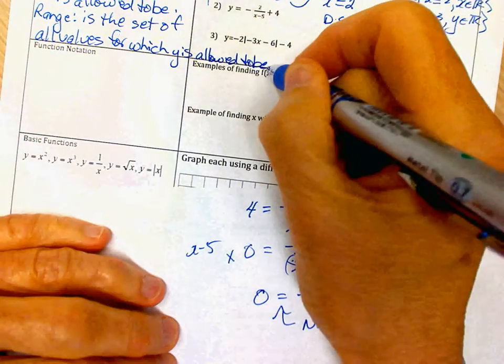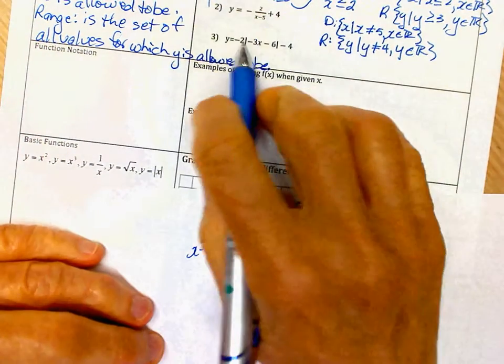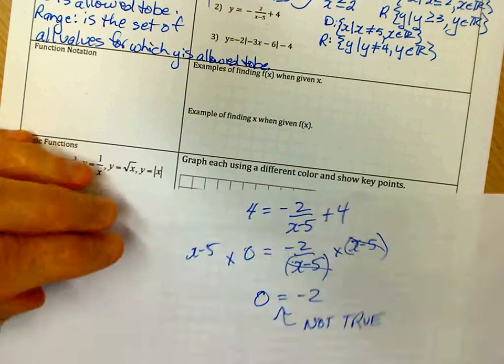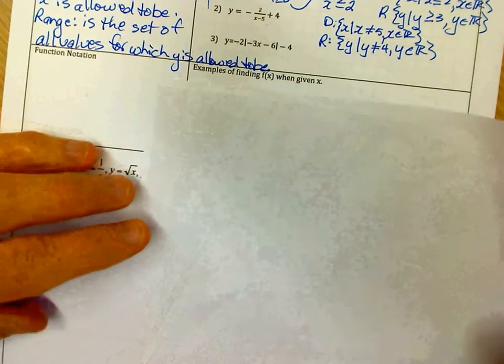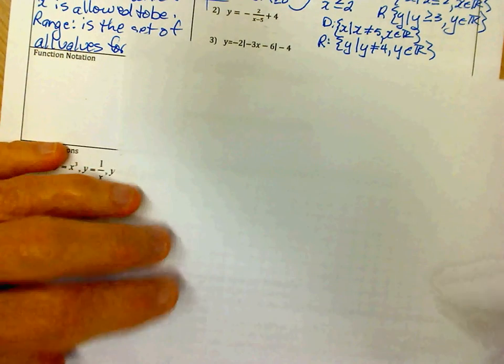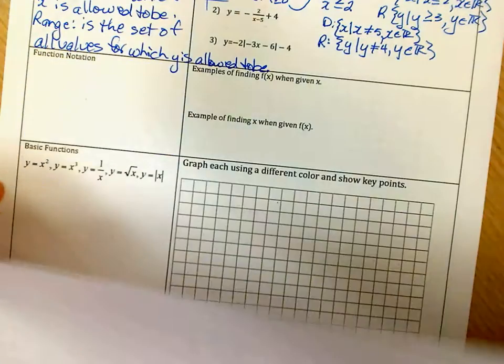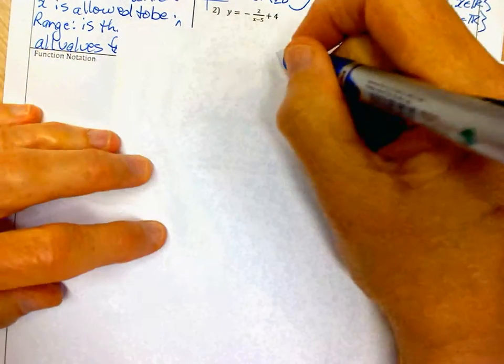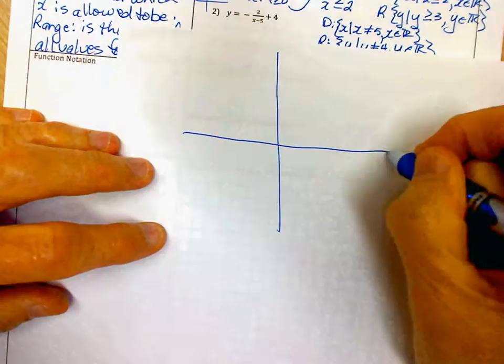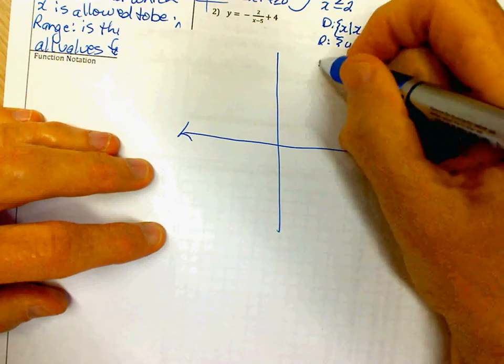Let's now look at this function. What if we were to factor out that k? Well, before I go on, in number 2, what would that graph look like? Well, let's see. X cannot be 5, so at x equals 5, we're going to have an asymptote.